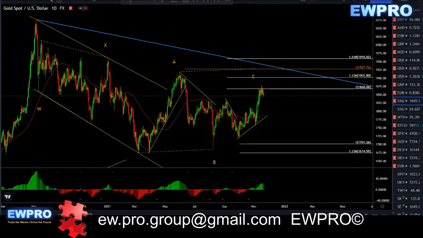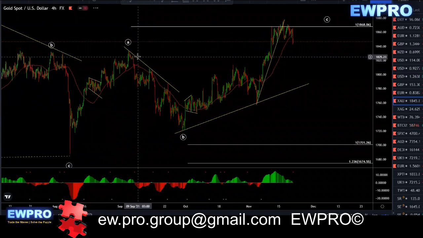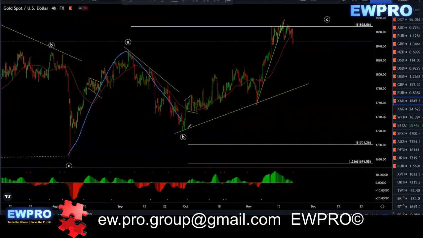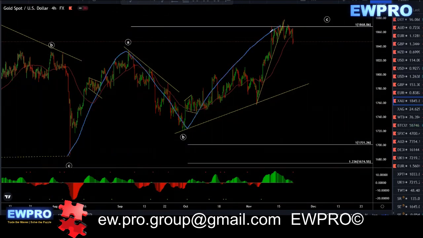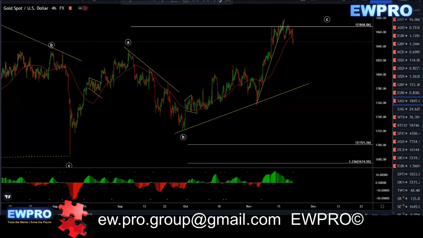On the H4, we got this A, B, C up to the 100 pip. But like I've been saying, this was very choppy in here, so this could have been an A, B, C in here before it went. Instead, it went eventually, but it's not the clearest looking structure now.